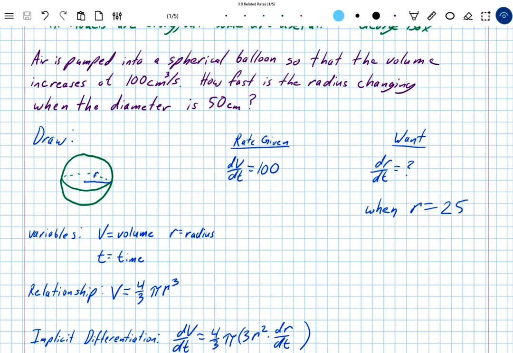As you're doing this, make sure to check back in with your drawing and that all important things are labeled. This will also tell you what variables really need to be in there. So volume, radius, and time. Please do let whoever's reading it know what those are, because you get to make them up. It's your model. Okay, then we need some kind of relationship that's going to relate these, so something that we can take the derivative of.